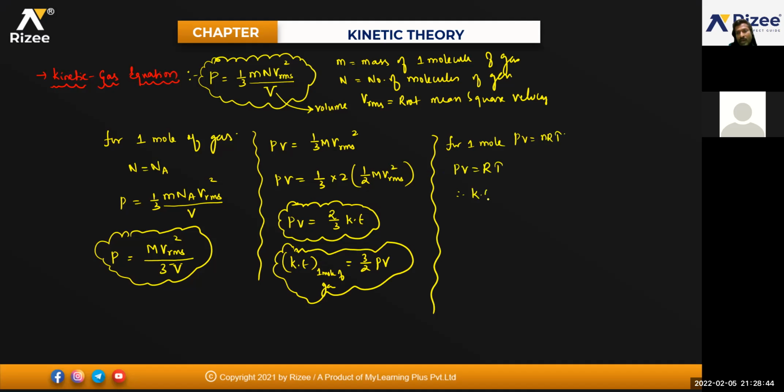Therefore, kinetic energy becomes 3 by 2 RT. That means kinetic energy of the gas is directly proportional to its absolute temperature. For n moles, kinetic energy of the gas will be equal to 3 by 2 nRT. This will be the answer.